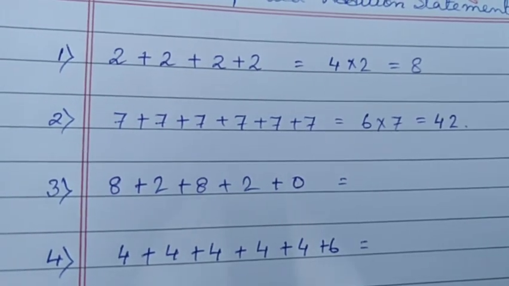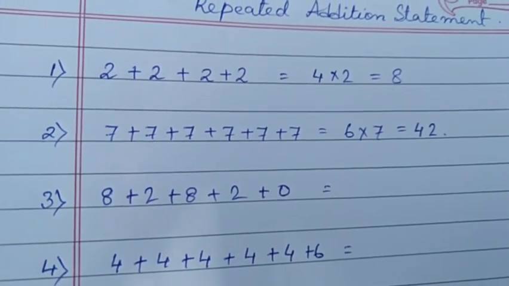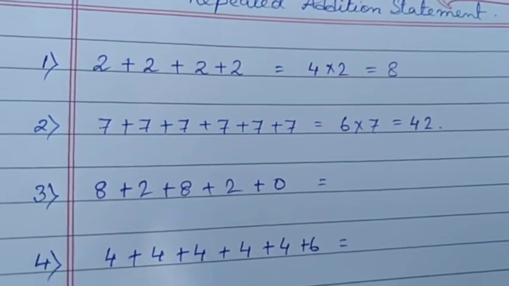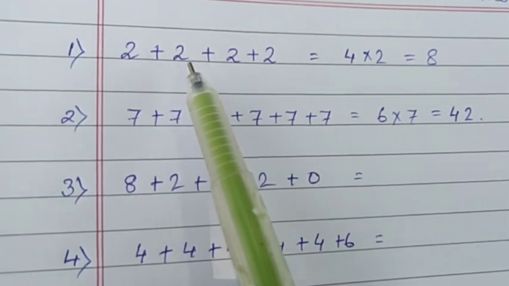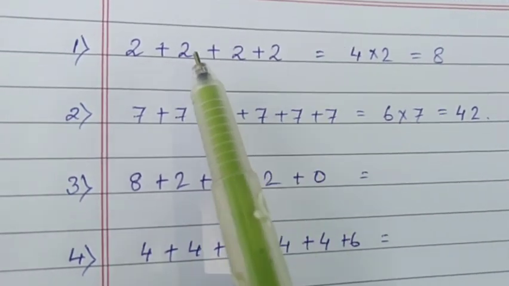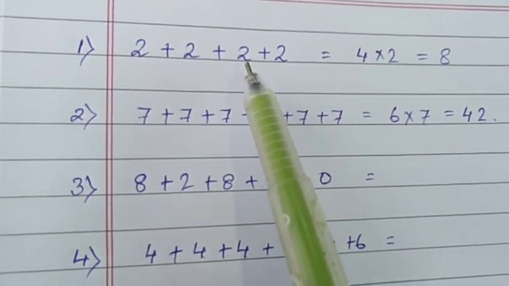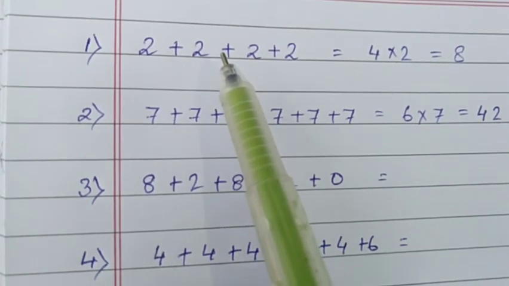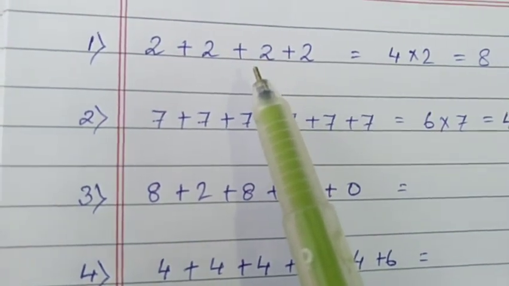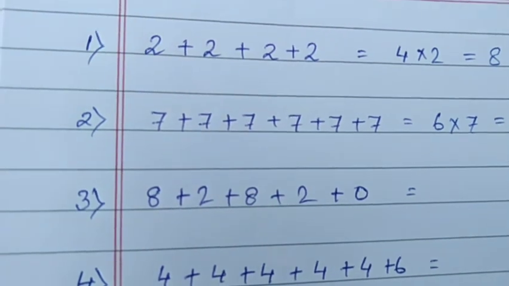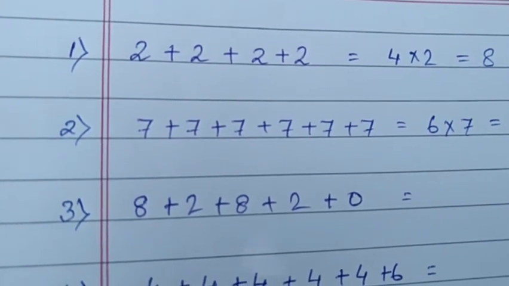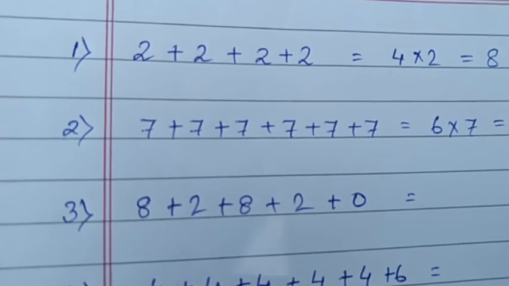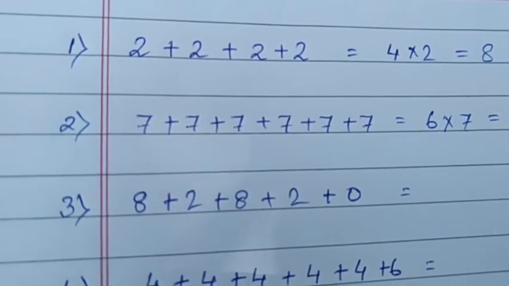And here I have some more examples that will help you understand what a repeated addition statement is. You can see in example 1, it is written 2 plus 2 plus 2 plus 2. This is an addition statement, and as the number 2 is being repeated, we call it a repeated addition statement. We can create a multiplication fact from an addition statement only when the addition statement is a repeated addition statement.